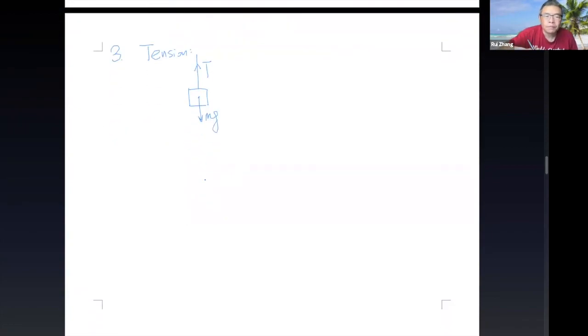And again, what we can say is about the direction. The direction for tension is going along the string, toward the string.